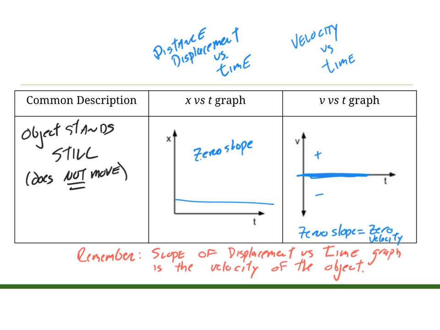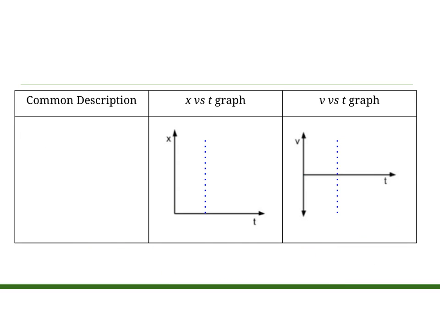Okay, so we had one with a negative slope, we had one with a zero slope. We're going to try one that's a little bit trickier. And I would like to point out that these dashed lines here, they're going to become important in a second, so don't worry about them too much, but we're going to talk about them in a minute. So now, here's the deal.